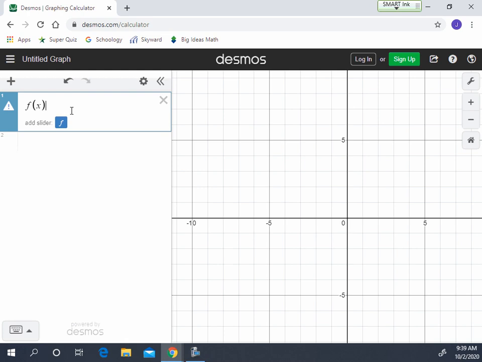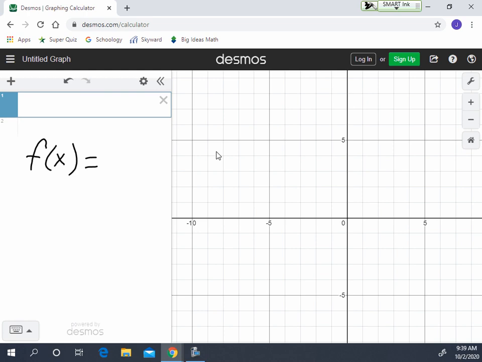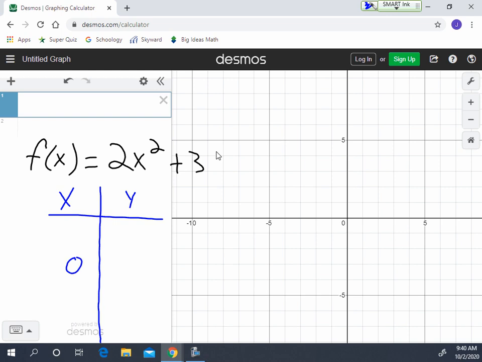Let's try this graph. f of x equals 2x squared plus 3. Let's see what this graph may look like. I'm going to start with my XY chart. I'm going to start with 0 and plug 0 in for x.